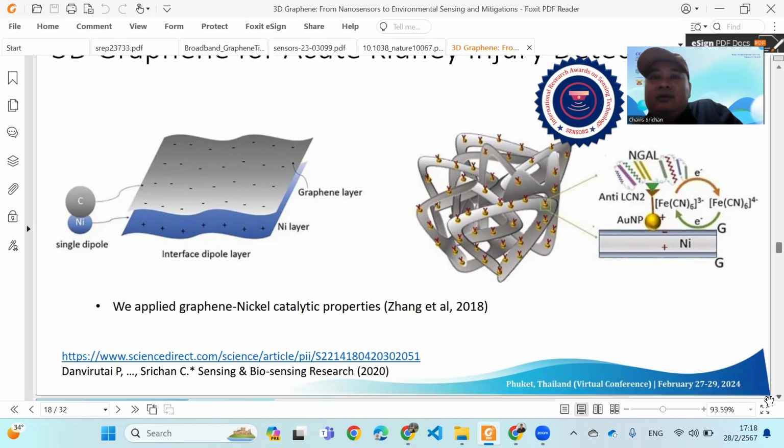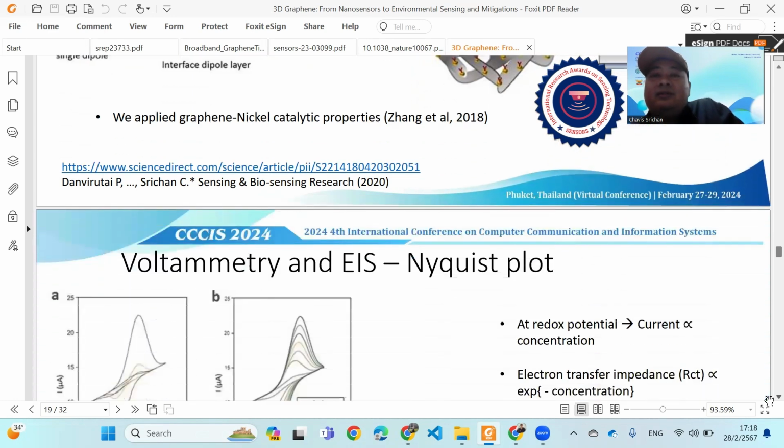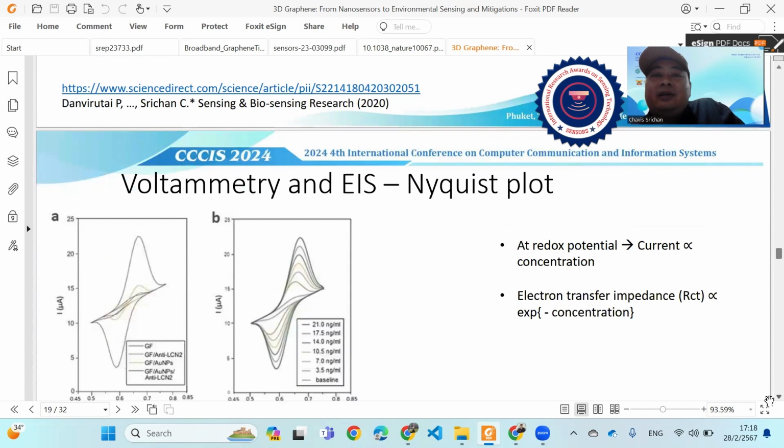So then finally we get a very good result: at the redox potential we get the curve for different concentrations of NGAL. If it is above 30 nanograms per milliliter, or 30 to 50, then it means that your kidney is being damaged.